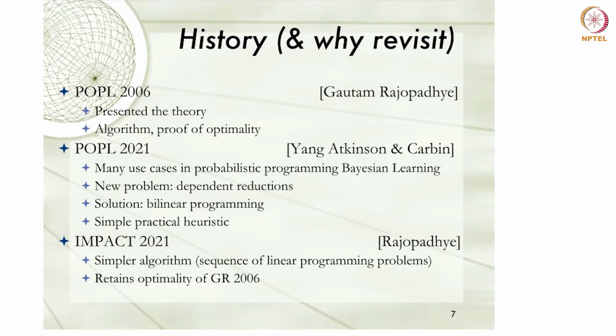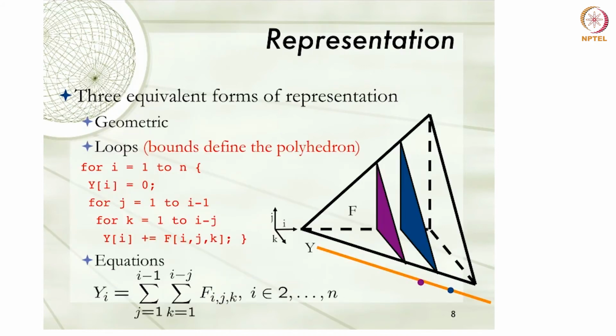And what I was able to do around the same time was to have a significantly simpler algorithm, which was just the classic scheduling kind of problem. So I'm going to return to my example, which is slightly more complicated than the most trivial one. If you look at the code, I have this triply nested loop. It is computing every answer y_i by visiting all the points in the JK triangle.